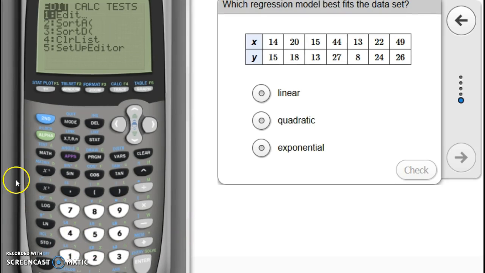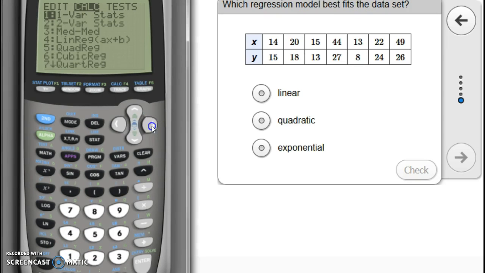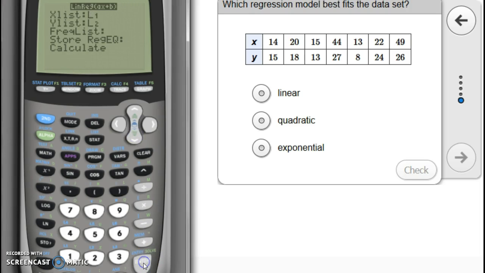If you don't want to look at the plot and try to make a determination, you can also calculate the coefficient of determination for each one and compare. The regression model that has the greater coefficient of determination is then the better model. So this one is 0.71 if we use a linear regression.